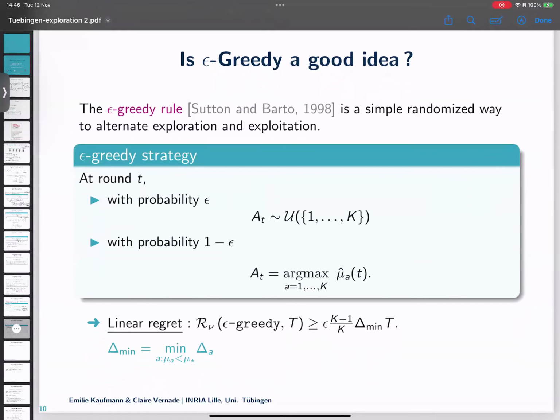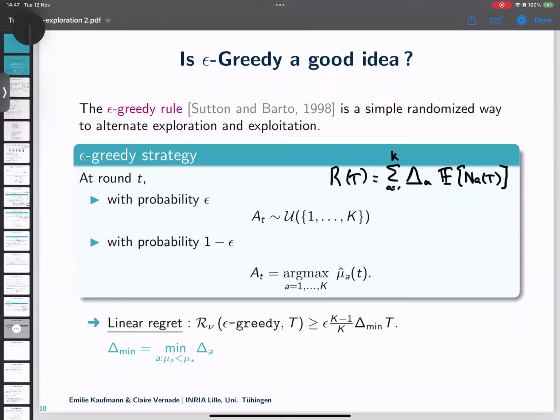Well, the problem with epsilon greedy is that over time, you're always going to pull one of these bad arms with a non-zero probability, because it's probability epsilon, right? That is non-zero. And we've proved in the previous slide that the regret is the sum over arms of the gap times the number of times that I've pulled this arm.